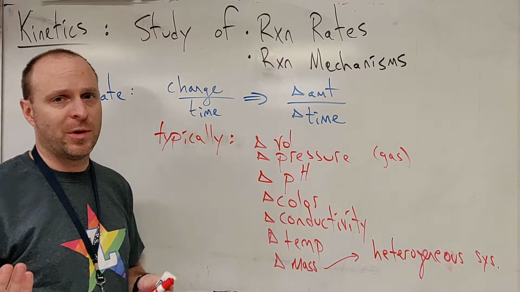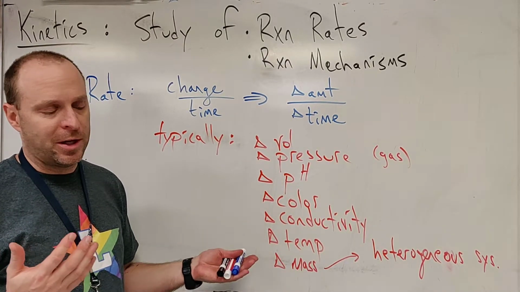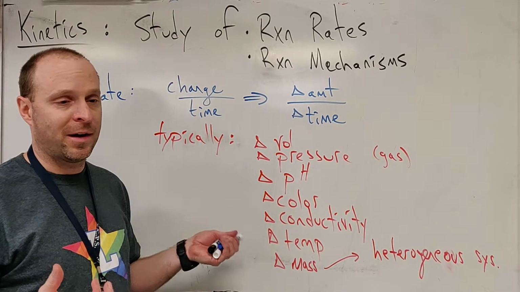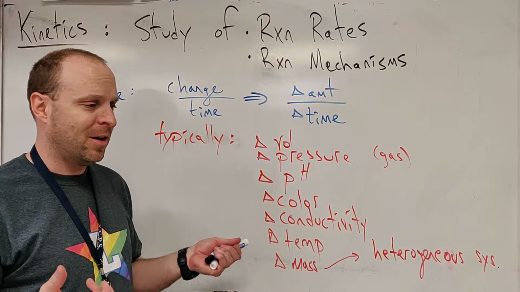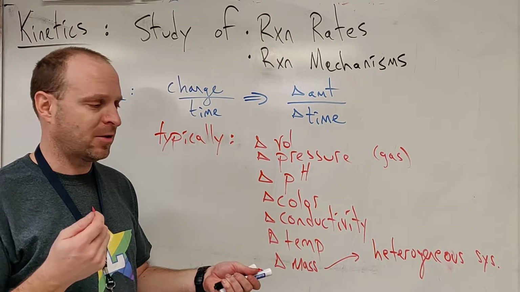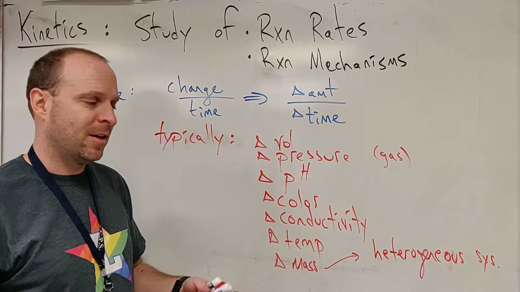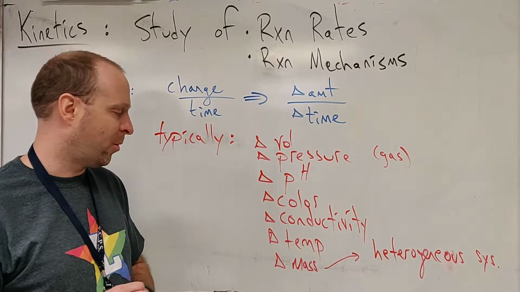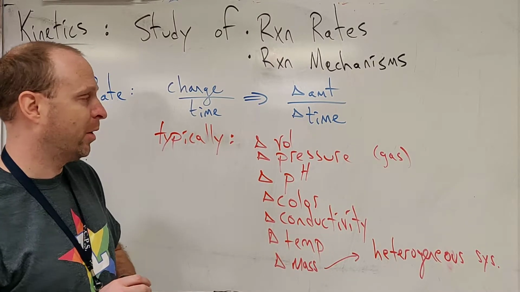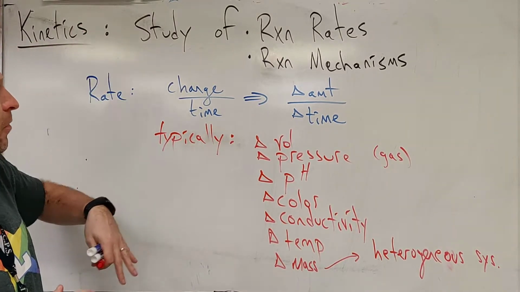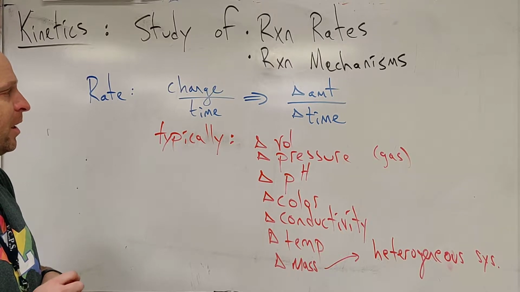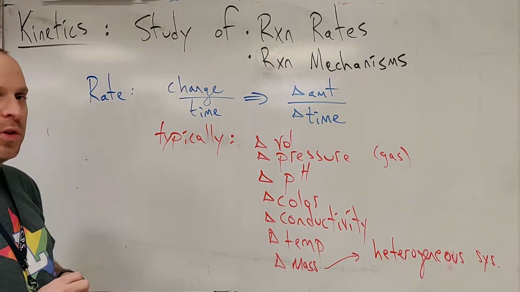But if you've got a single replacement reaction with aluminum and iron oxide, like the thermite reaction, you have a solid turning into a solid and a solid, and by conservation of mass, you might not know the rate there. It's a pretty quick rate. So the idea of reaction rates, how quickly something's taking place, is just looking at how things are changing with time.